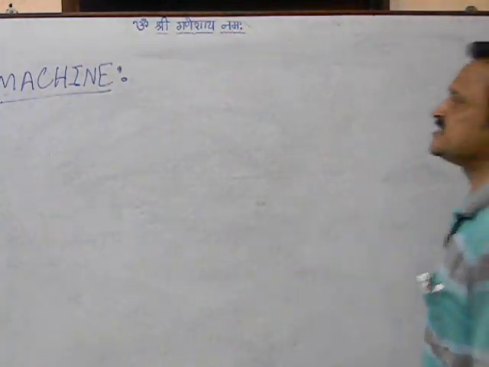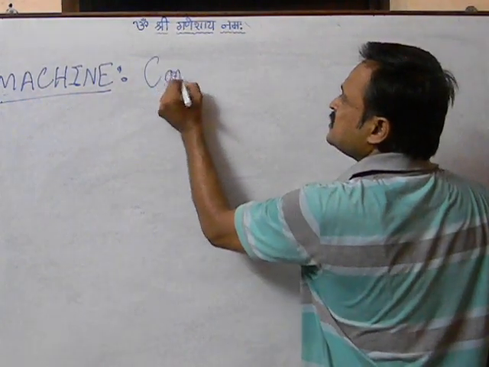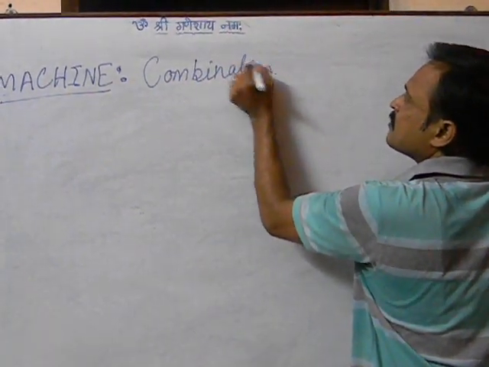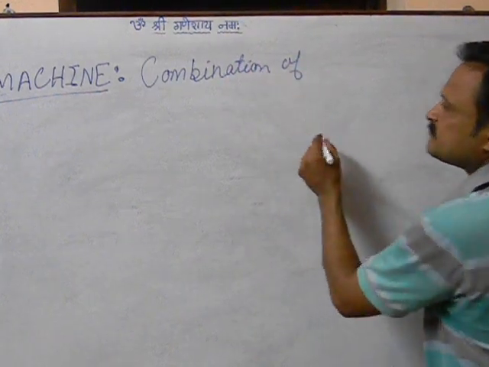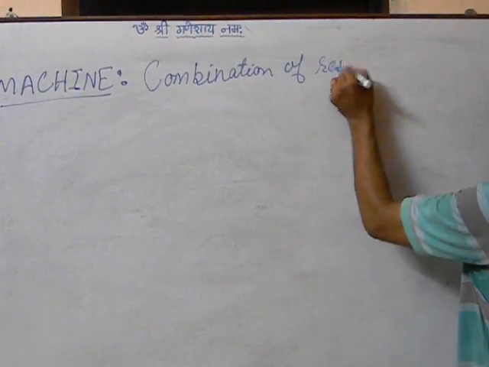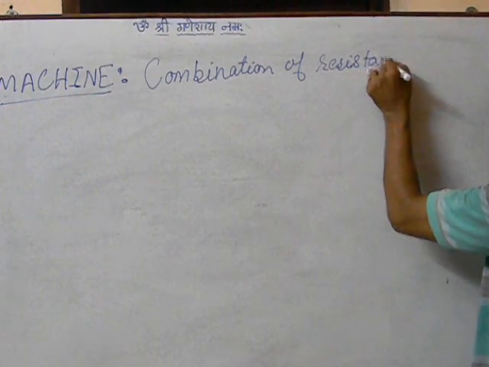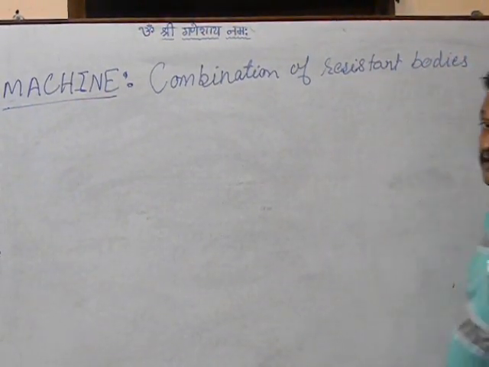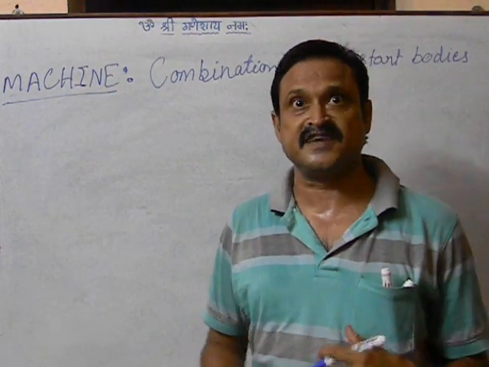So what is a machine then? I can simply say that a machine is a combination of resistant bodies. Now they have to be arranged specifically, right?